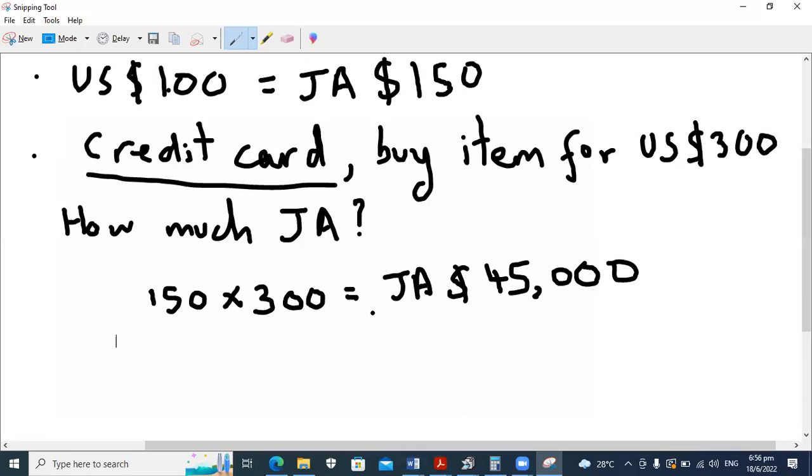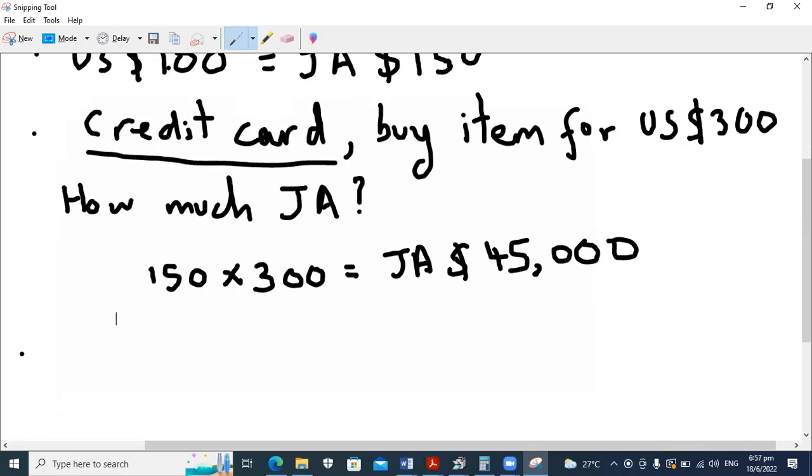Did you know that a credit card has a limit? Yes, sir. Right. So let us say the credit card limit is 100 grand.